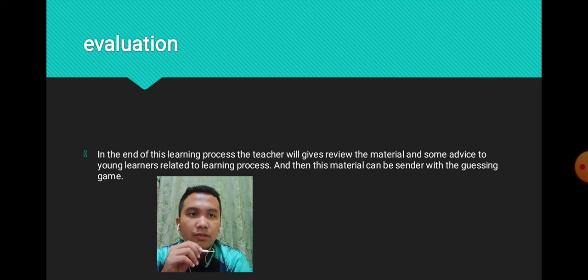The teacher will give a review of the material and advice so young learners can conclude about the learning process and then correct what is wrong or right, if they had a wrong spelling or a problem in their learning process.